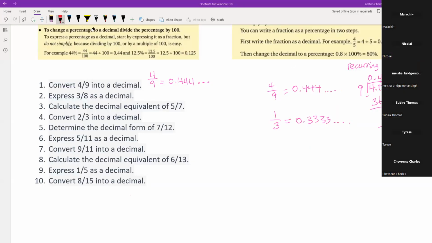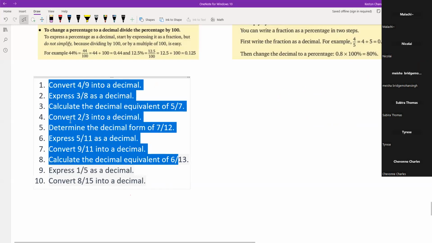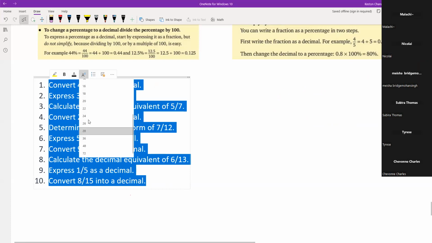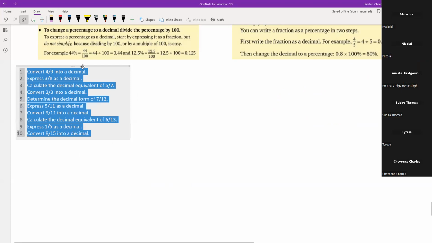So let's look at these. So we saw how to do number 4 already.